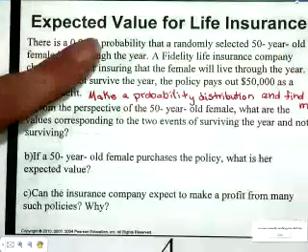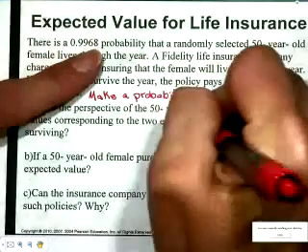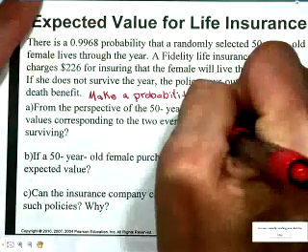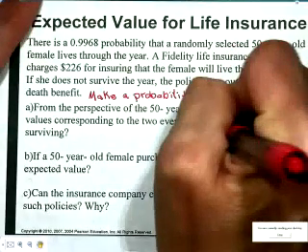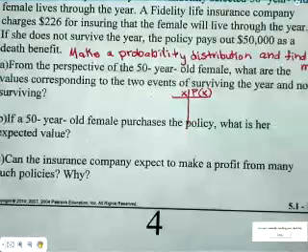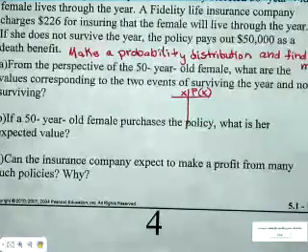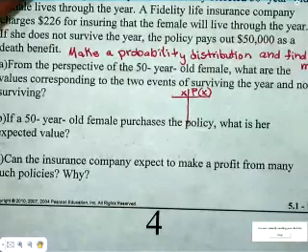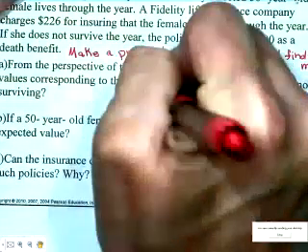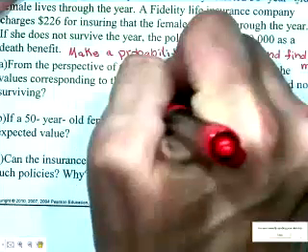I'll have to write small, but my probability distribution always has the possible outcomes in the left column and the probabilities in the right column. And if I want to label this even more clearly for myself, I can say, this is the event where she lives, this is the event where she dies.